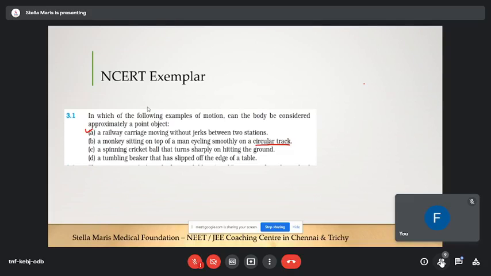See, the second condition is what? The size of the object should be less than the distance it covers. So what happens here? Does it satisfy the second condition?